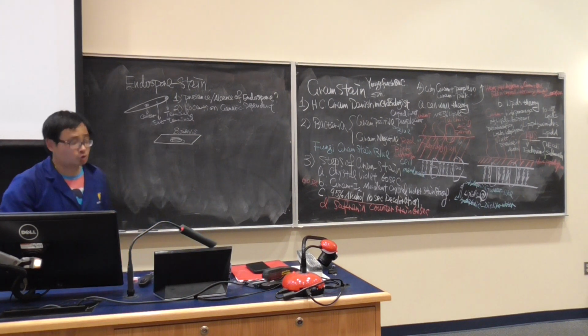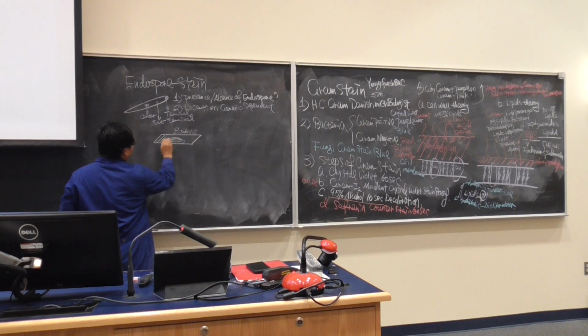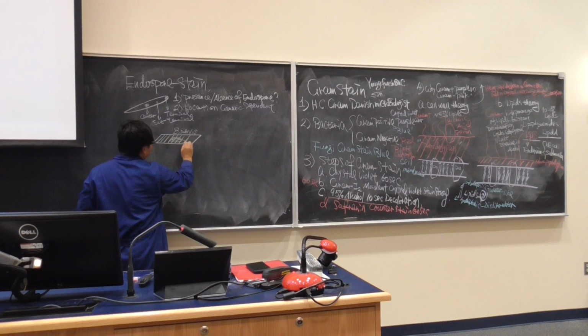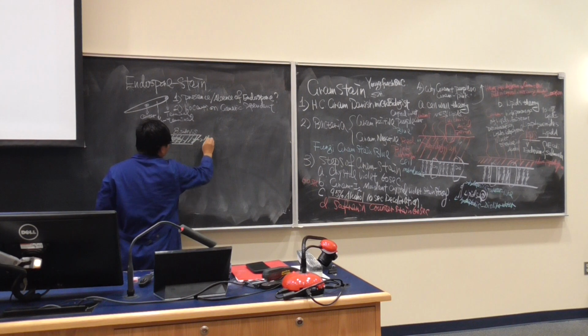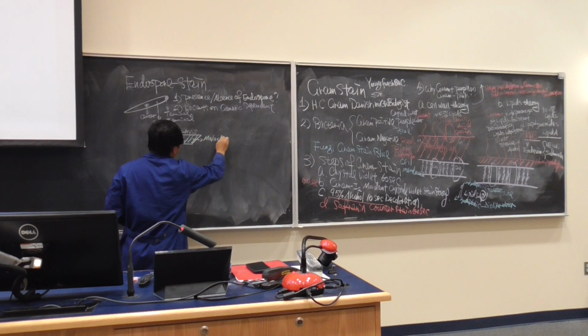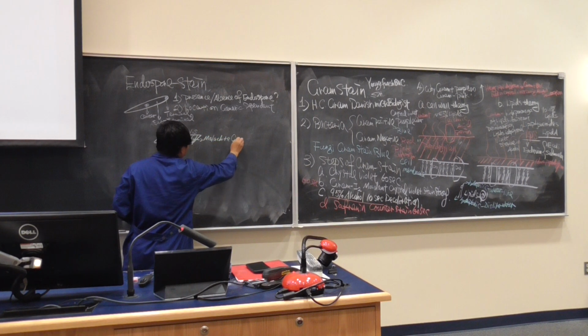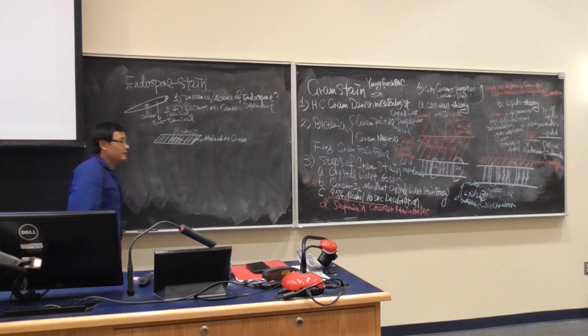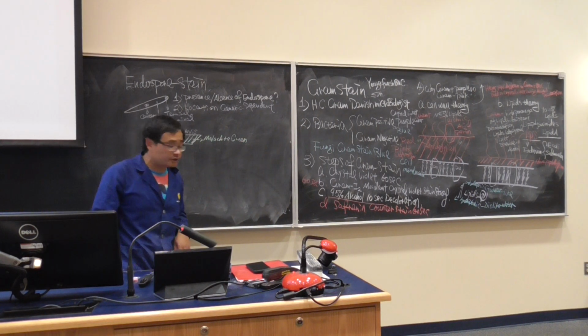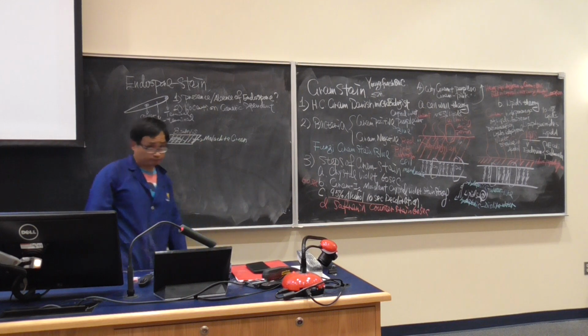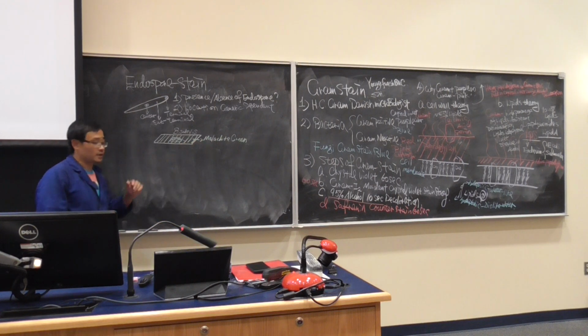Very rigid structure. You have to flood it with a green dye called malachite green. This dye has another function. Some of the bacteria will be killed by malachite green. Okay, so you have to flood it with malachite green.